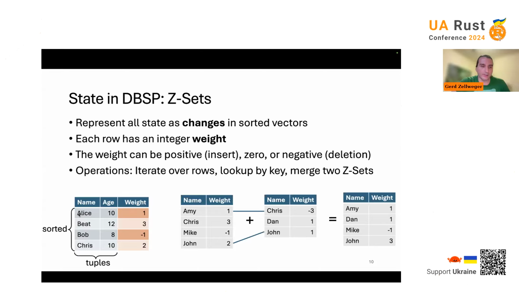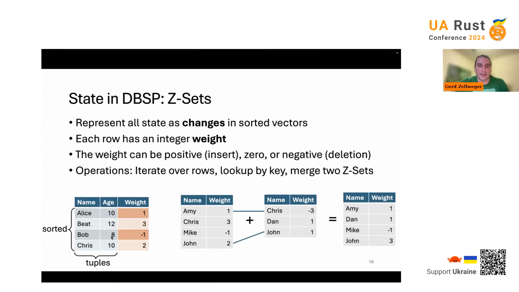So how do I read this? In this transaction, or this change set, I have a row of Alice with an age of 10, and because the weight is 1, that means I just have 1 row. It has a magnitude of 1. I also have Beat and 12 with a weight of 3. That just means I have 3 rows now of this particular tuple in my CSET.